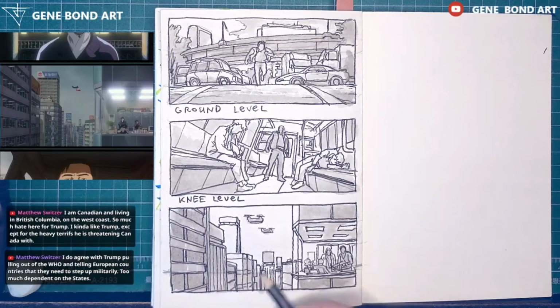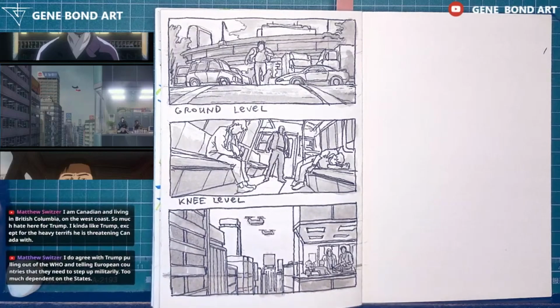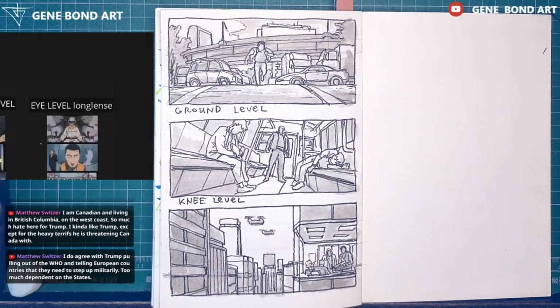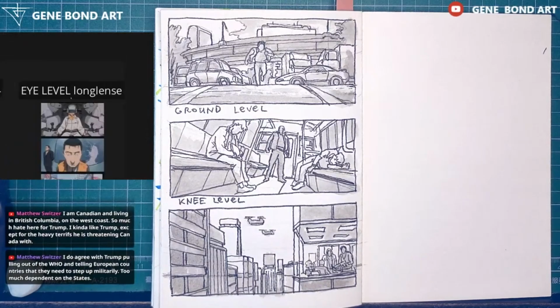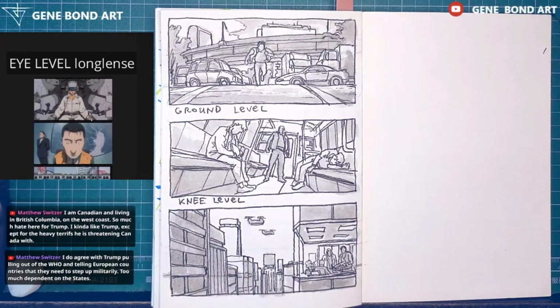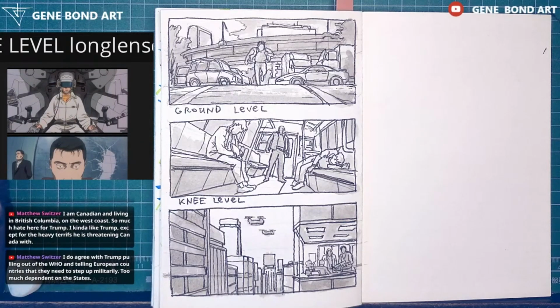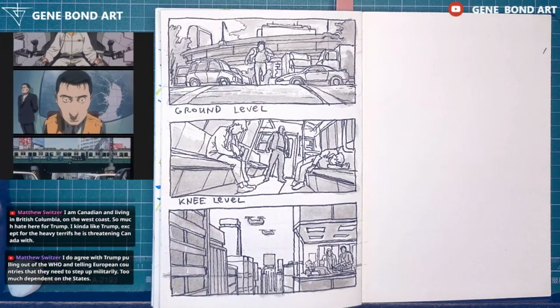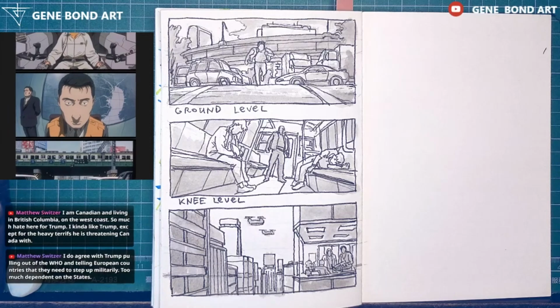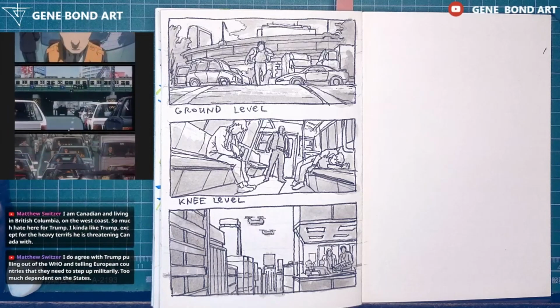Here's the horizon line. Then let's go eye level. Let's go. This one is a very Patlabor-like signature view.